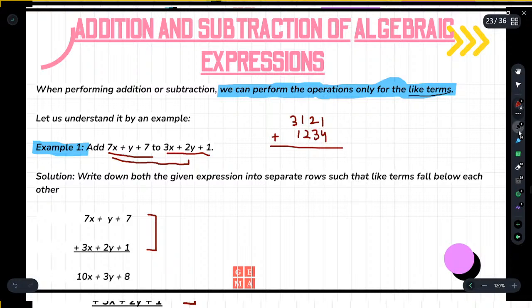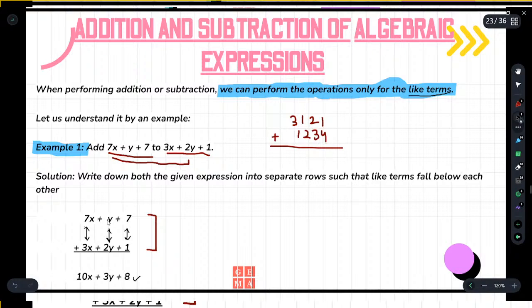Now how do we do it? Write these two like terms just below each other, constants below each other, and then add them like you do general addition. 7 plus 1 is 8 and y plus 2y is 3y. How come?